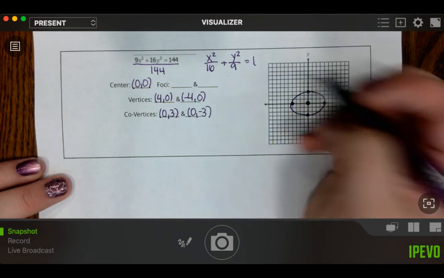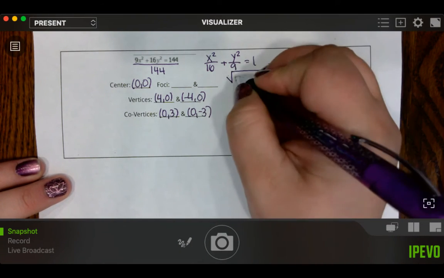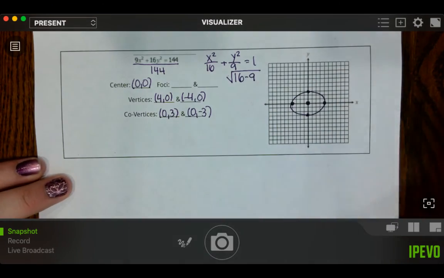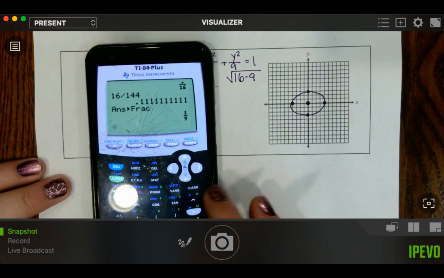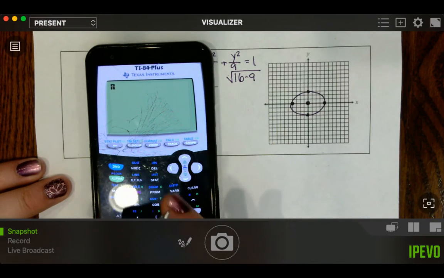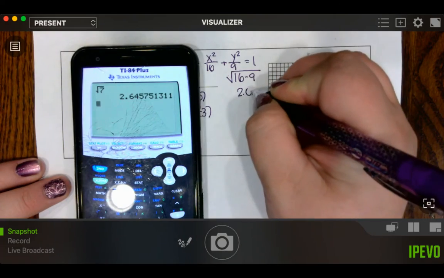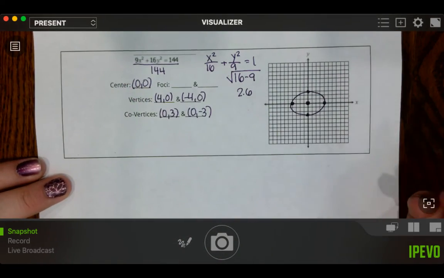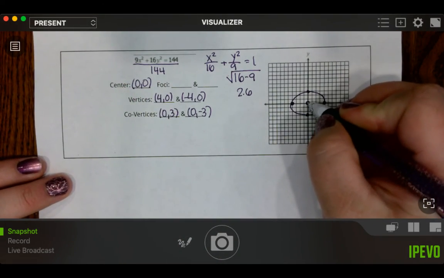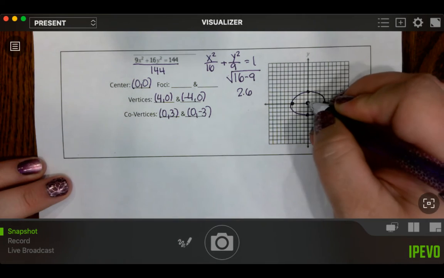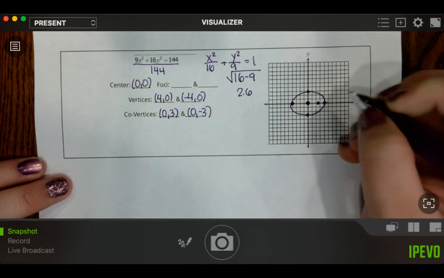And finally, for my foci, I do the square root of 16 minus 9, always the biggest one minus the smallest one. 16 minus 9 is 7, and the square root of 7 is 2.6. So what I can do is go back to my center along my major axis, the big one, and go about 2.5 each direction.